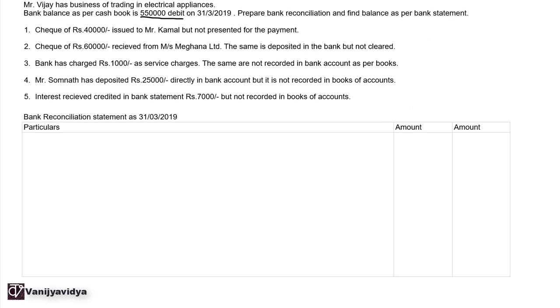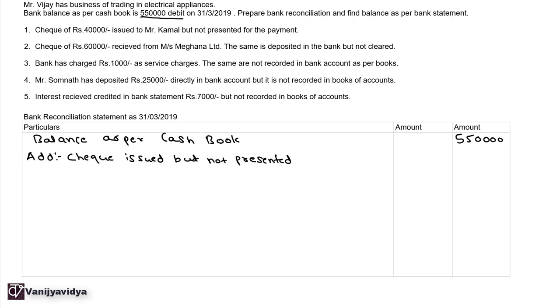Let's do that. Now this is a bank reconciliation statement. First we will write the balance as per cash book, 5,50,000. Now we have to add: add cheque issued but not presented for payment, 40,000.